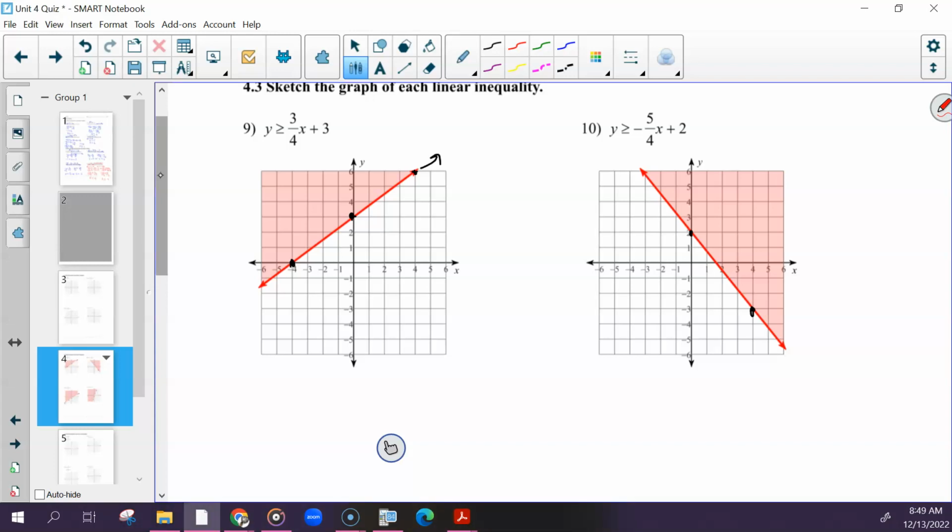So this one was a solid line, shaded above. 10 was also a solid line, shaded above. Their aboves look different because one slope was negative. Questions on 9 or 10?